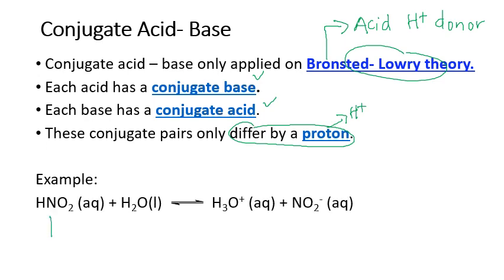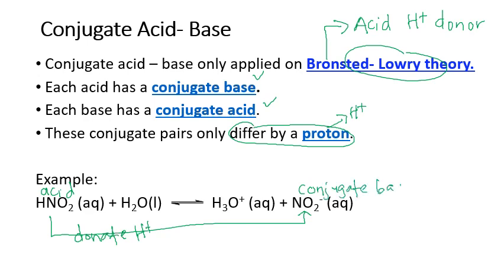HNO2 will pair with NO2 negative. So let's look at here. We notice that HNO2 is going to donate H+. It means that HNO2 is acid, while NO2 negative will be the conjugate base.